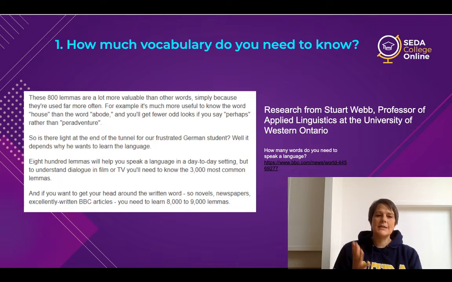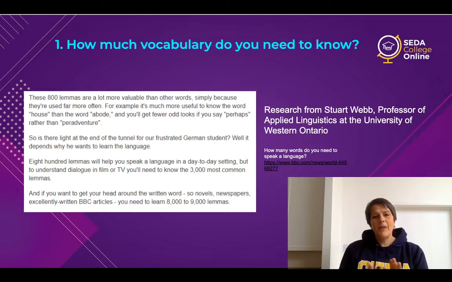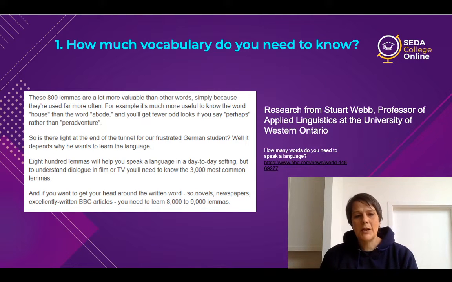Because 800 is 75%, and then 2,250 is starting to reduce the 25%. But now this is more research that he did.